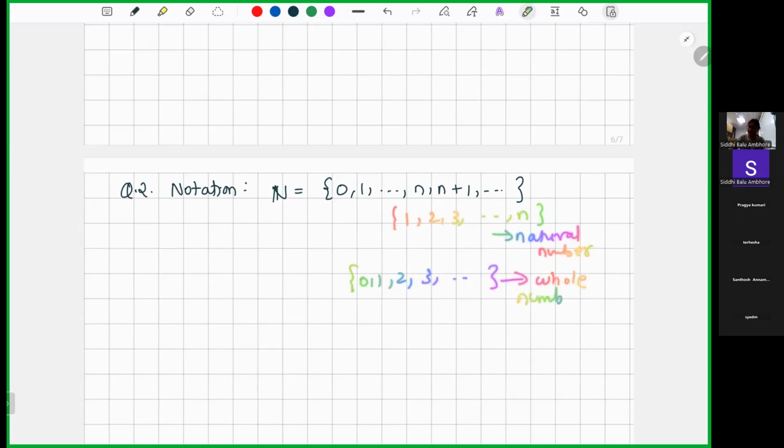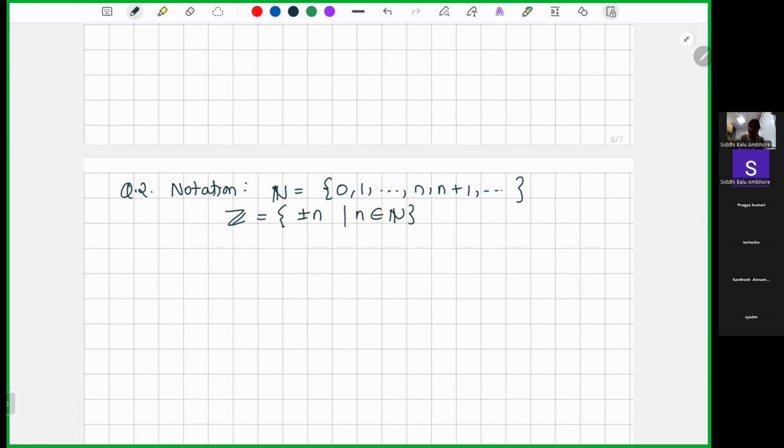But in this course, Professor Patil already considered that whenever we talk about natural numbers, we will include 0. And Z will be plus or minus n, such that n is a natural number. So when I write this here, it also includes 0.